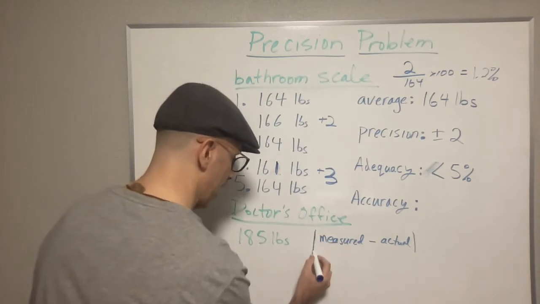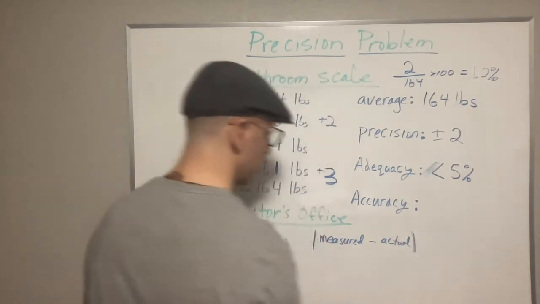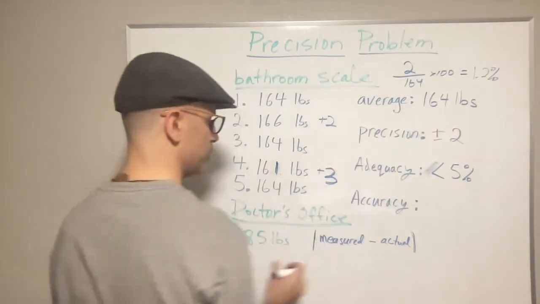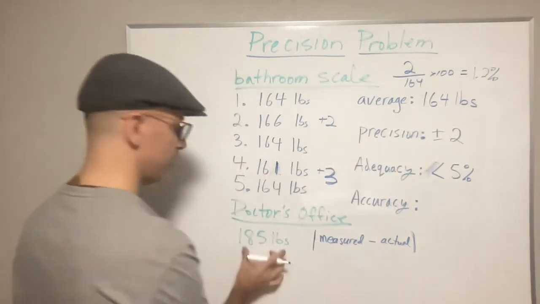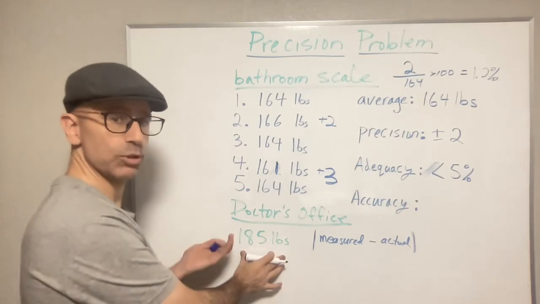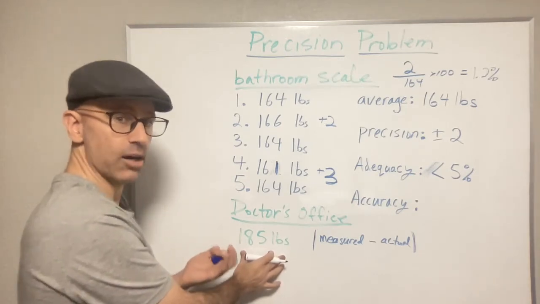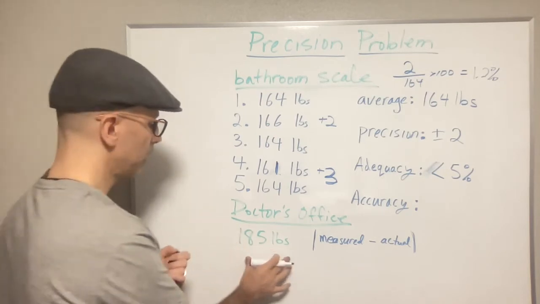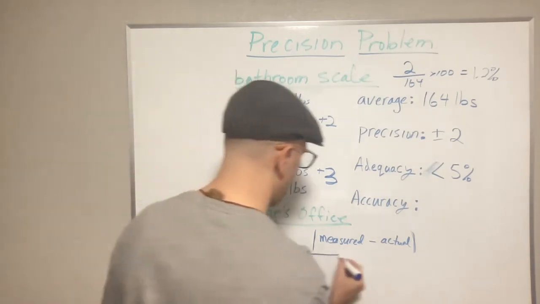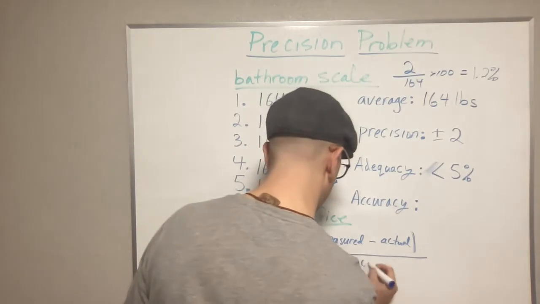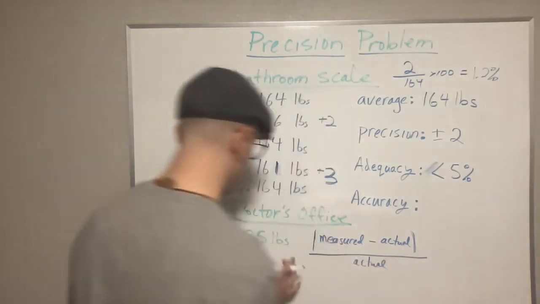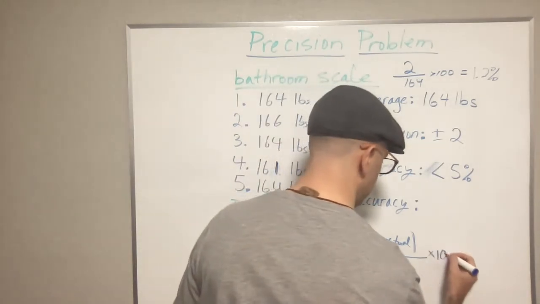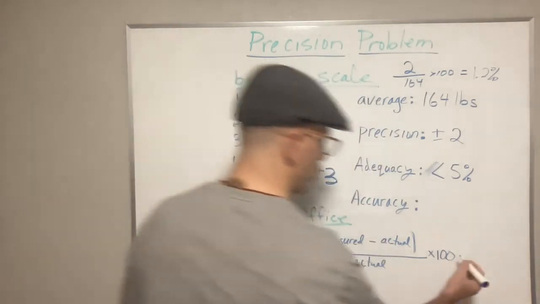So this is the absolute value of that. So the measured value would be our bathroom scale. That would be the average. The actual would be the doctor's office, because we're assuming that that's a lot better than our scale. I mean, the doctor's office has to have pretty good equipment in it. And then you're going to divide that by the actual value, which again is your doctor's scale, and you multiply that by 100.